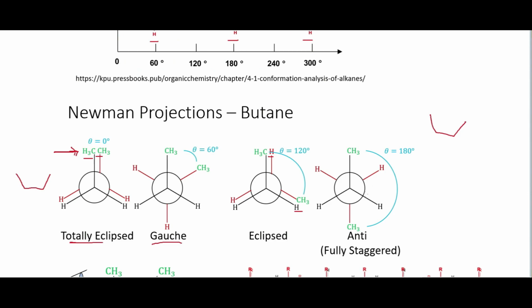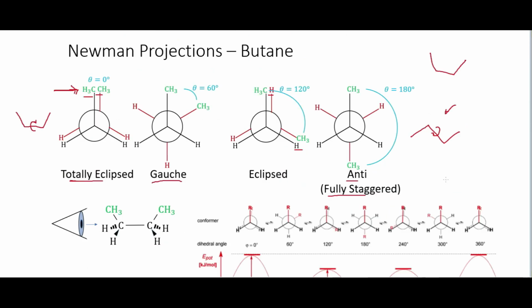Then we get to this one, which is anti, or sometimes called fully staggered. And so that would actually be our molecule when it's like this. So we are twisting around that bond there as we go through these. And so this right here would be the anti or fully staggered.